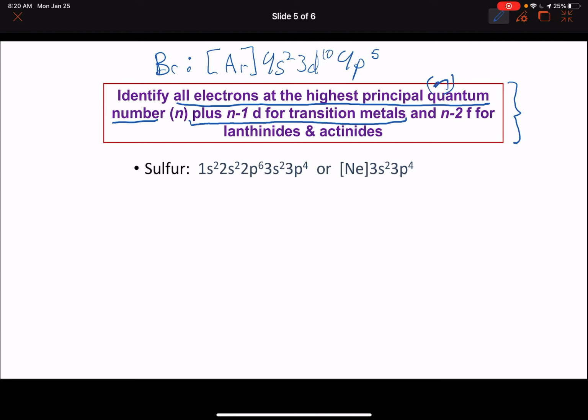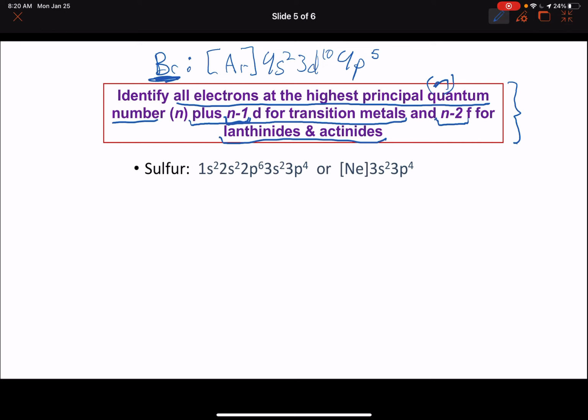So if the element in question is a transition metal, we are allowed to add n minus 1 d orbitals to the valence listing. If the element is a lanthanide or an actinide located in the skinny part at the bottom of the periodic table, we are allowed to add n minus 2 for the valence electrons.